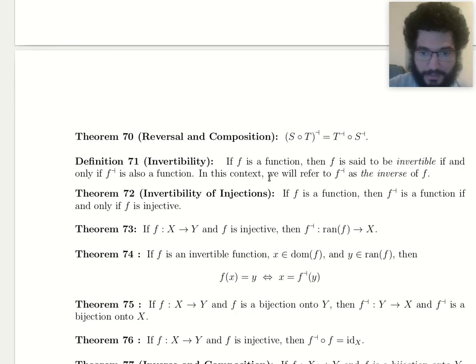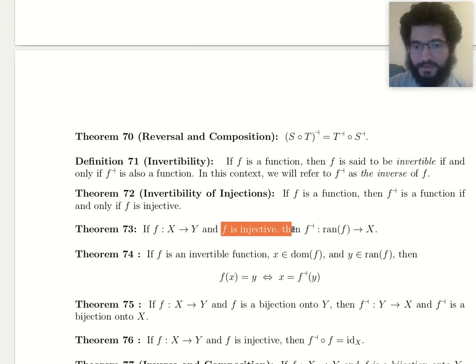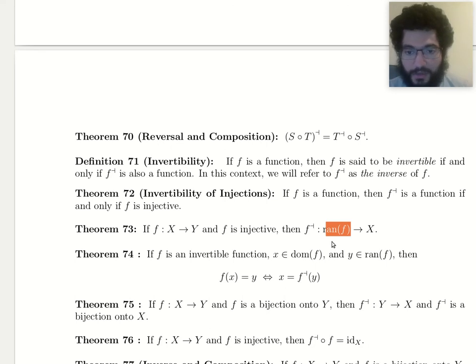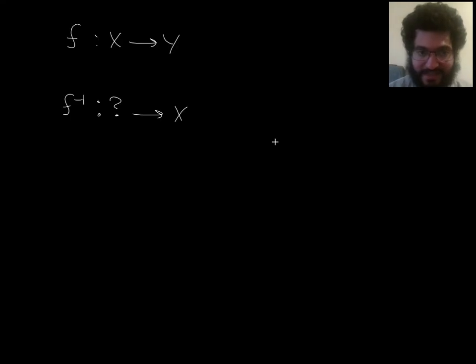Okay, so what I'm describing is captured in this theorem. If f maps x to y and f is injective, then you cannot know that f reverse maps y to x, but you know at least it maps the range of f, whatever that is, to x. So the range of f might not be y. But if the range of f is y, in other words, if f is surjective, then you can put a y here.